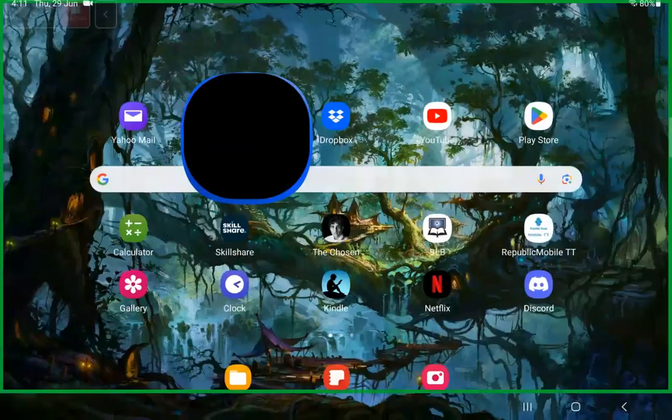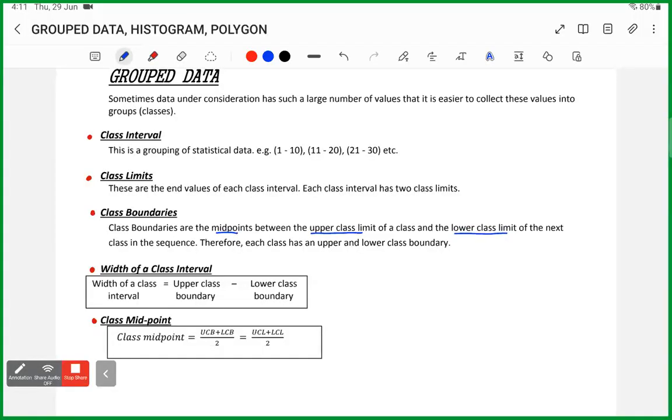Okay, so class boundaries, this is the part that is definitely the trickiest, but if you just pay attention, it's not going to be that bad, right? So I'm going to write out the groupings, or at least some of the groupings.